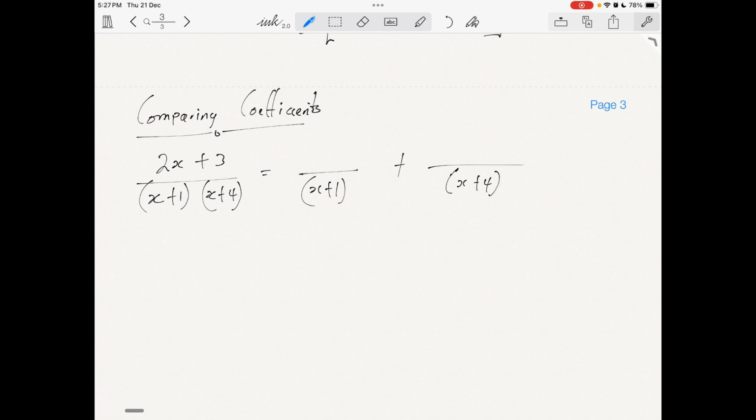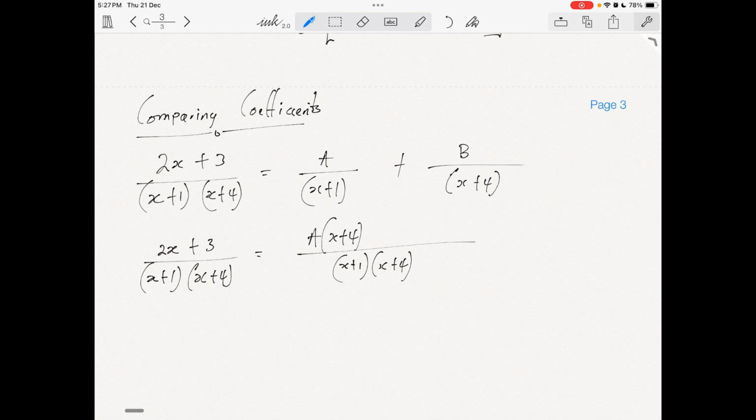So in that case, we recall that we'll be using A and also B. Now, the first thing to do is to evaluate the LCM. So (2x + 3) over (x + 1)(x + 4) will be equal to (x + 1)(x + 4), and this will be A into (x + 4) plus B into (x + 1).